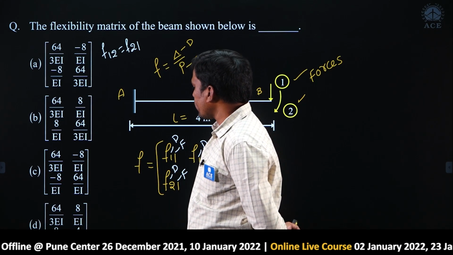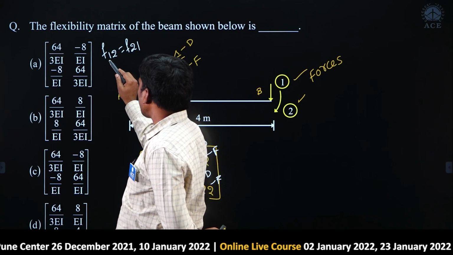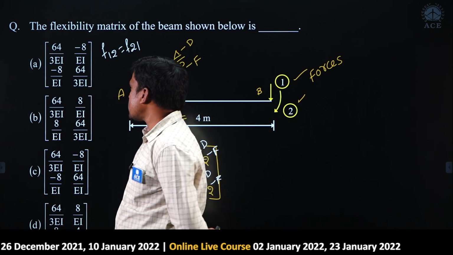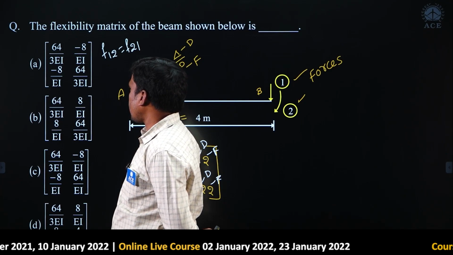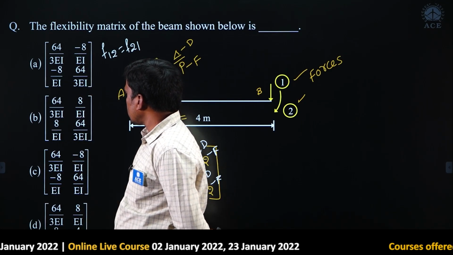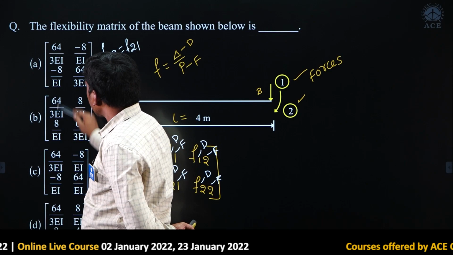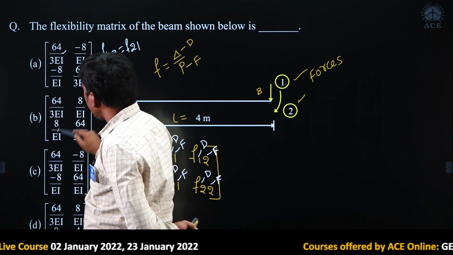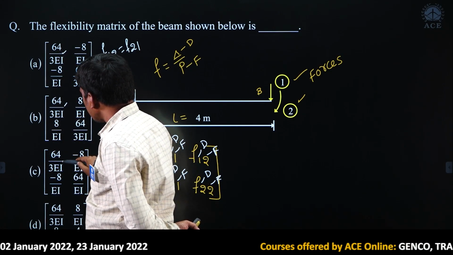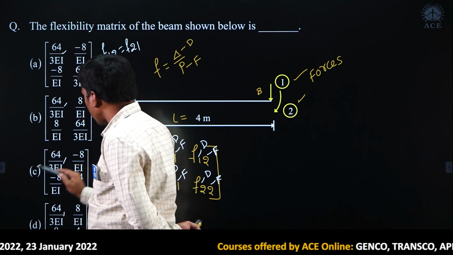So, no need to find F12, F21, but we need the sign convention please, because in one option minus minus is given. And here 64 by 3EI in all the options.